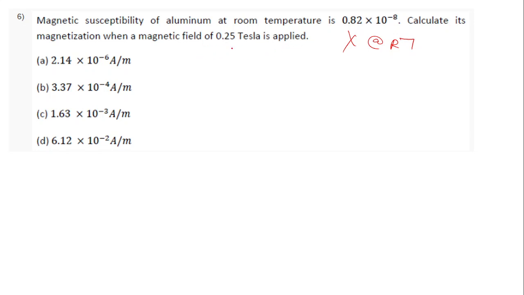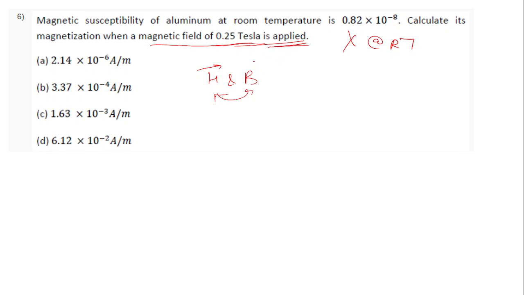See, that's why, when in the beginning I was explaining the difference between H and B, I just wanted to keep the meaning clear in your mind. But everywhere in magnetization or magnetic field, where we study magnetic properties, these terms are used interchangeably. Although I explained several times that H is the magnetizing field that we apply, and B is the response of the material to that H, you will still encounter several places where the term is used, like when a magnetic field of 0.25 Tesla is applied.